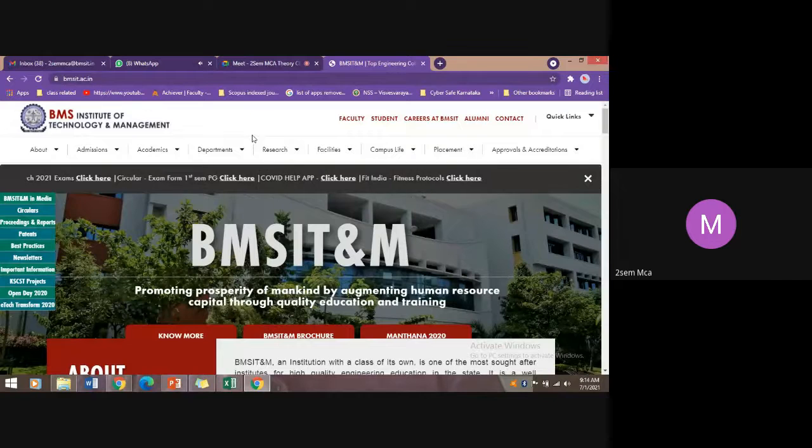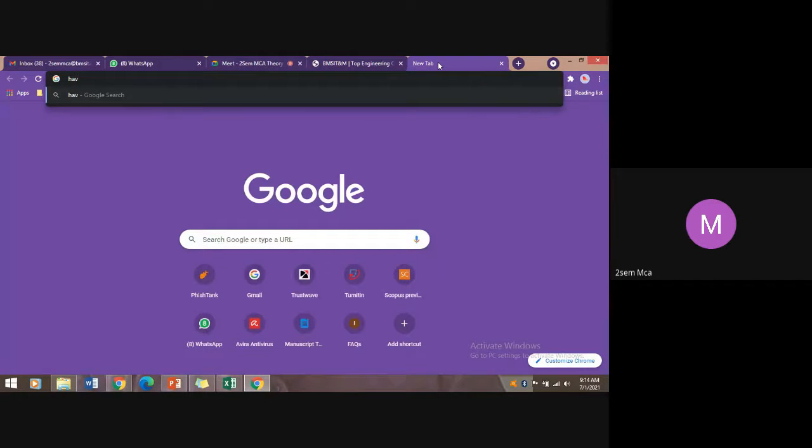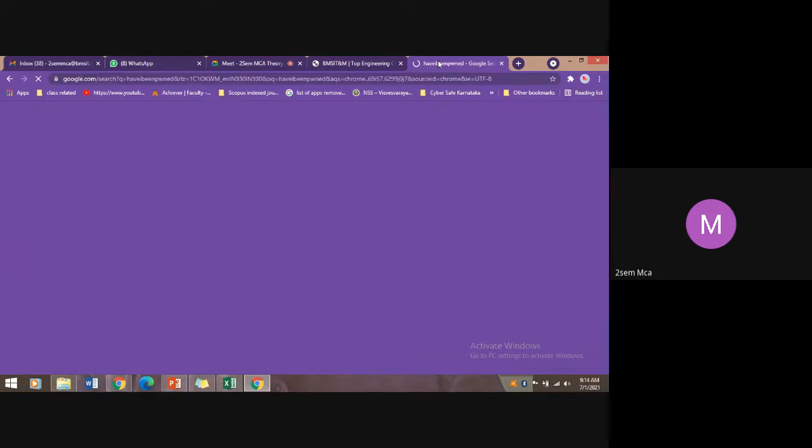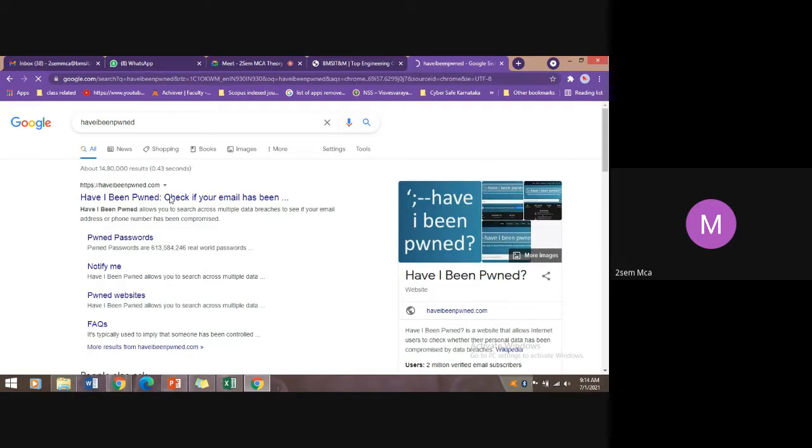Don't change the password if somebody asks you to. No. If you suspect yourself that your account is hacked, you can check on Have I Been Pwned whether the website or the account is hacked.